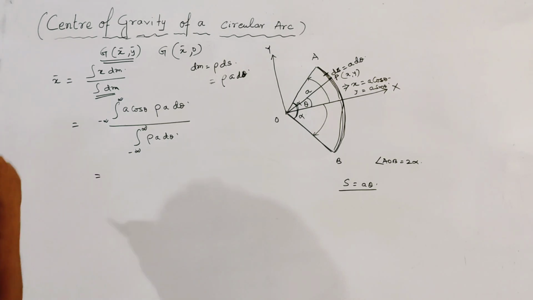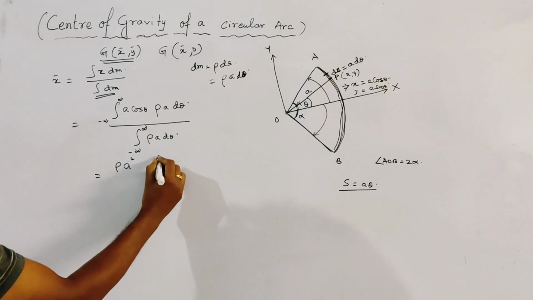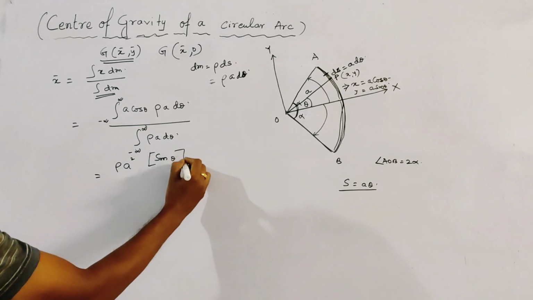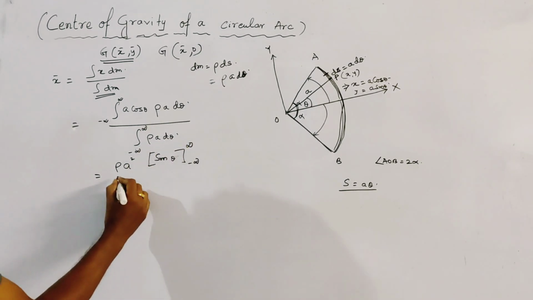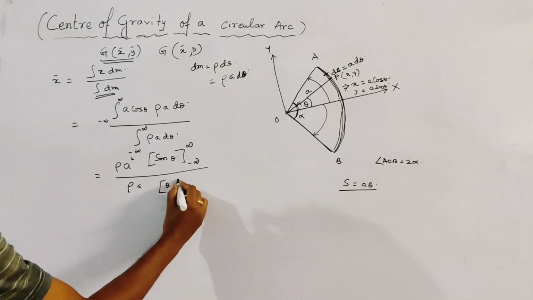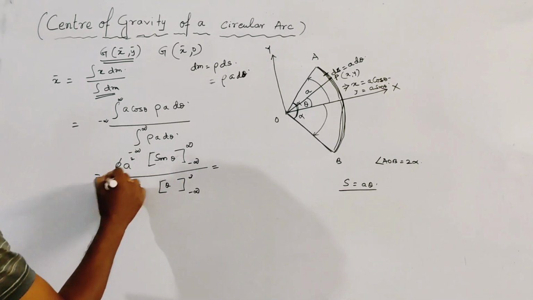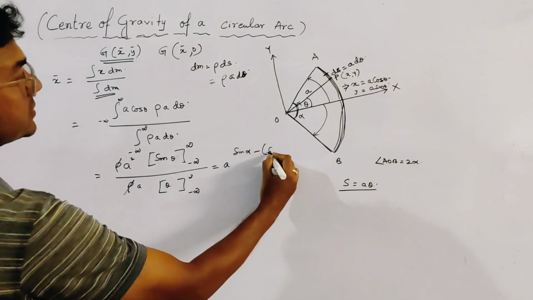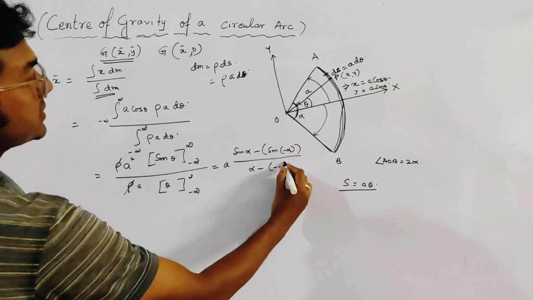Now by integrating we get rho a square into sine theta, with range minus alpha to alpha, over rho a into theta, with range minus alpha to alpha. So rho cancels out, a cancels out, and we get a into sine alpha minus sine of minus alpha, divided by alpha minus minus alpha.